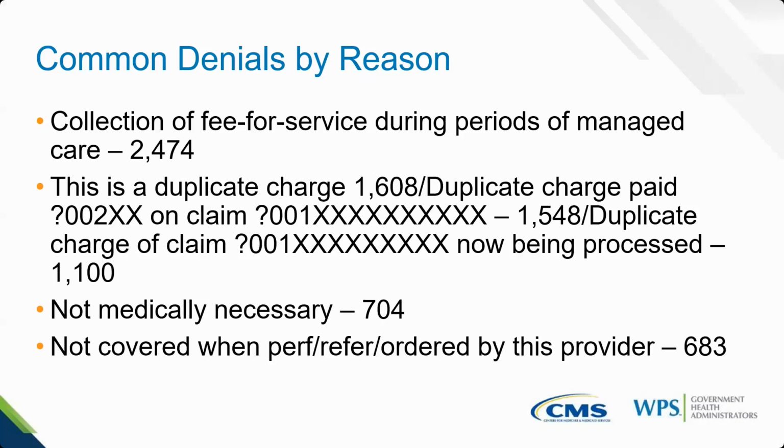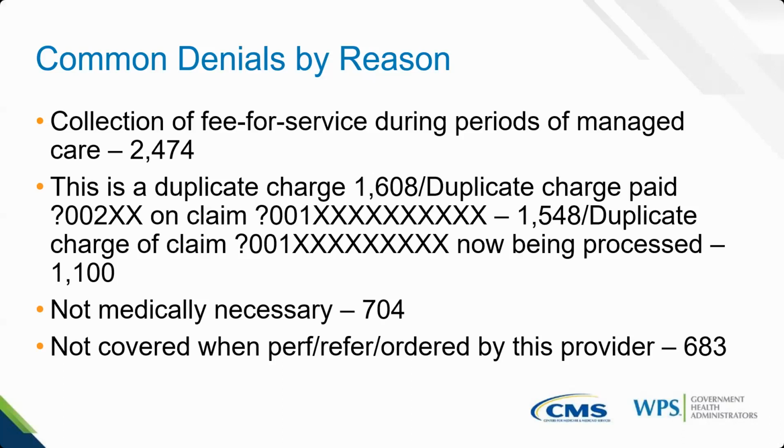Now, for the next particular denial reason, I've kind of pushed two together because they're duplicate charges. Actually, three. Just yesterday, my colleague Tom Ryan held a one-hour webinar that talked about duplicate charges and how to avoid them. You can have a message that says this is a duplicate charge.